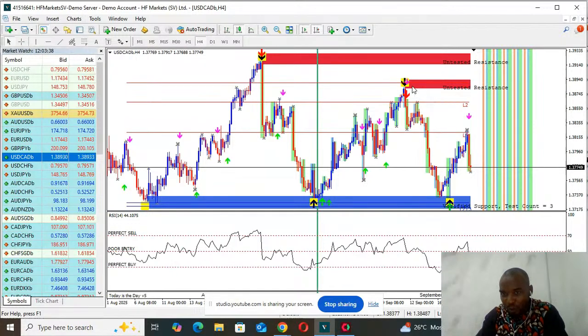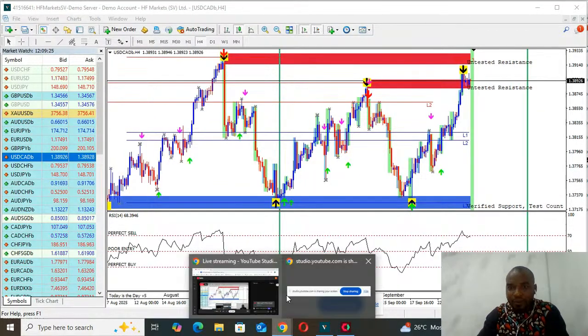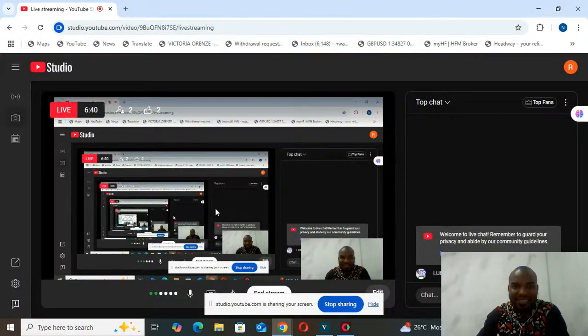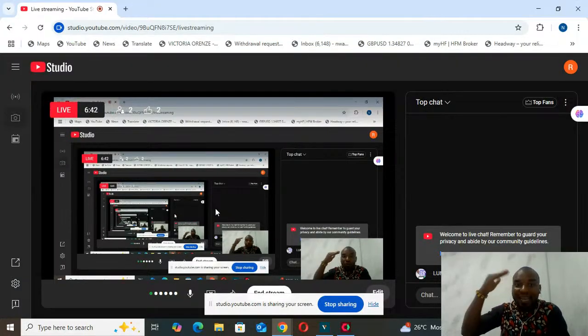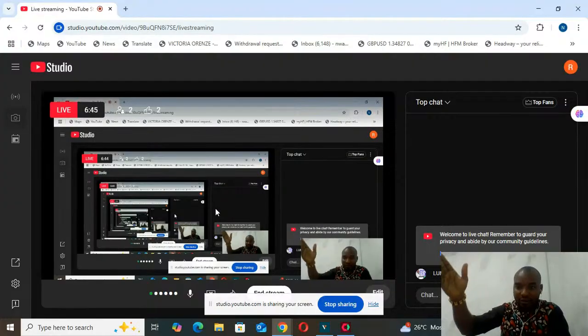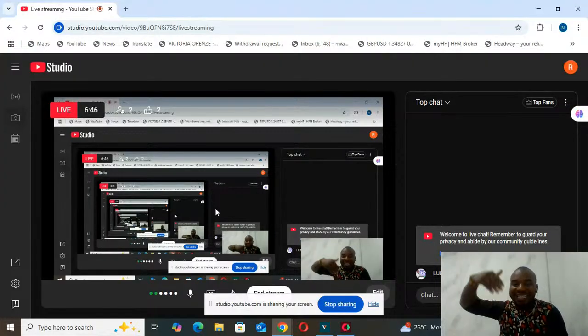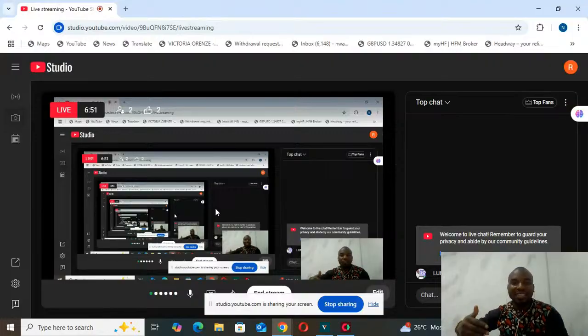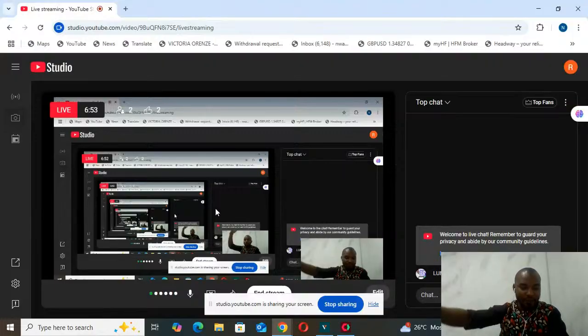The red one is called untested resistance. This is live market now, beautiful. All those things you are seeing are labeled for you in advance by the market. The market doesn't start ahead of you. Look, it has plotted those zones ahead.